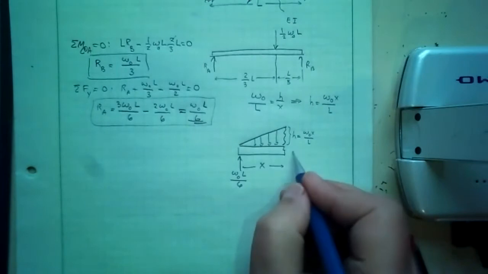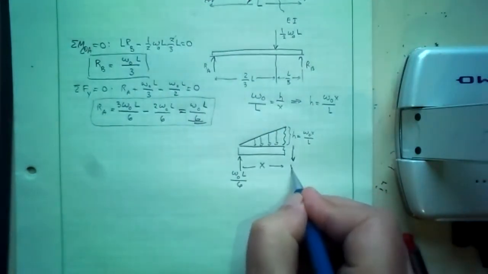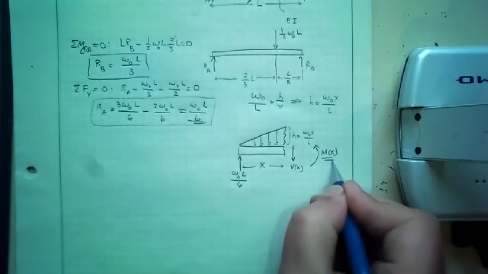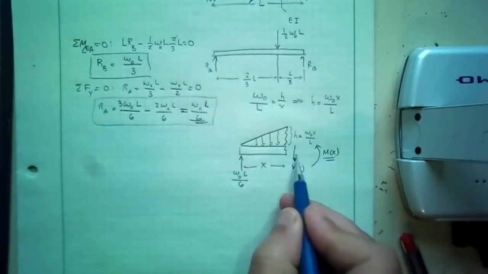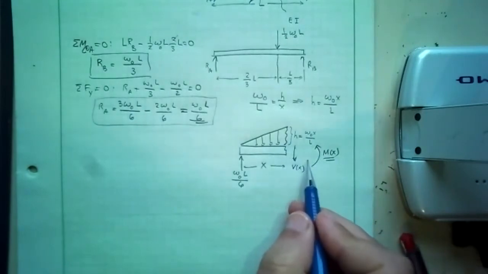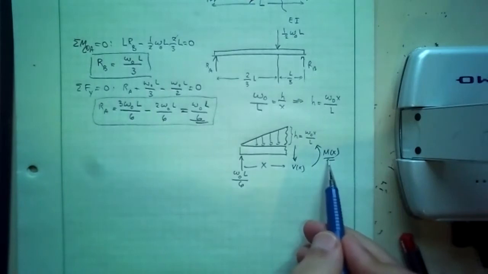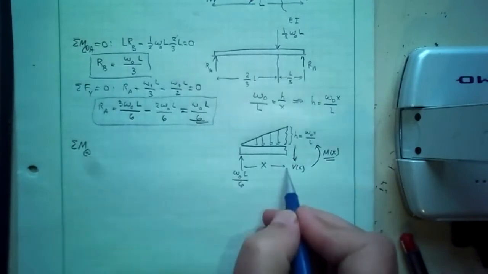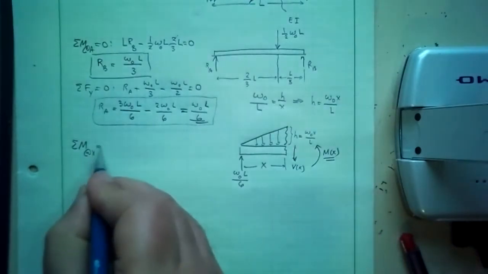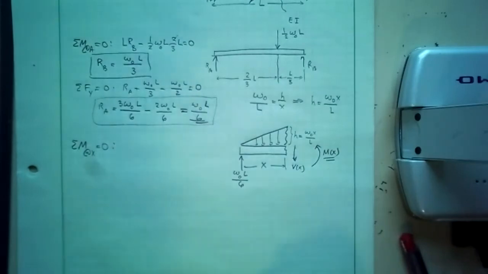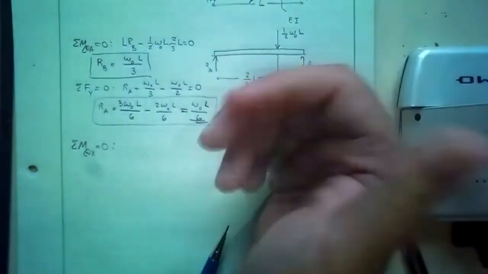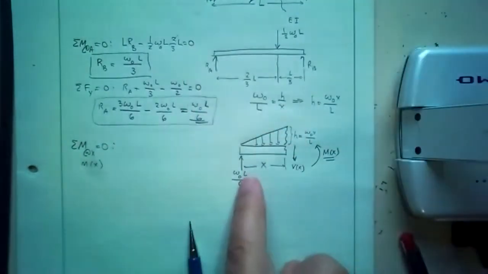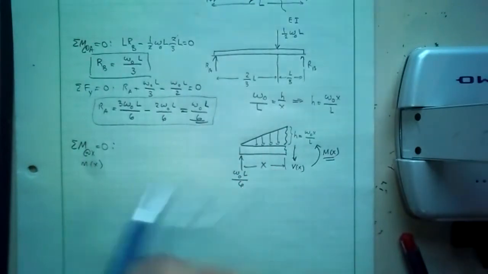So here I have an internal axial force and an internal moment. This is what I'm after. These are both drawn in a positive internal sign convention. I don't care about this. I need that. So I'm going to find that. So I'll sum the moments at basically x, at the cut. And I'll get what? I'll have Mx. I'll have W naught L over 6 times x, negative.